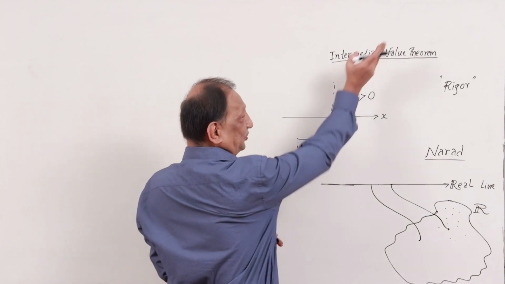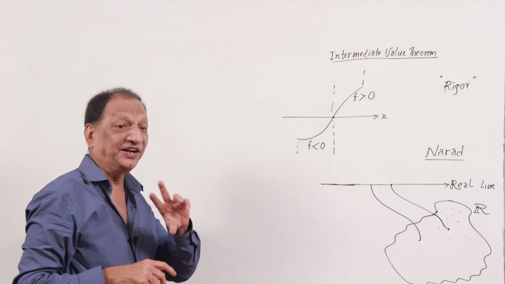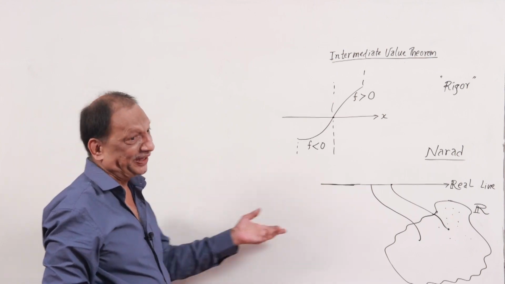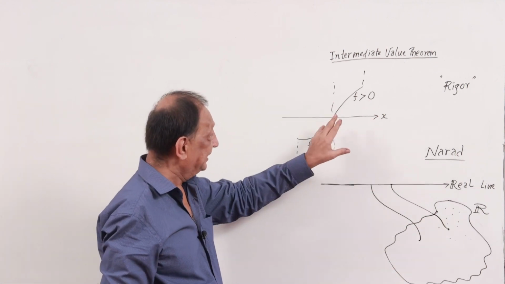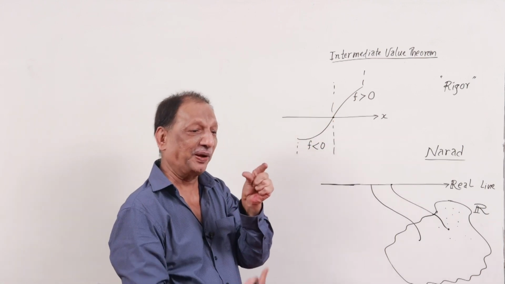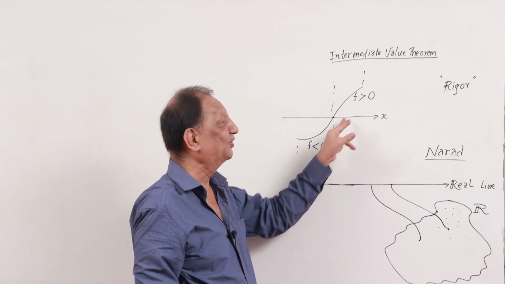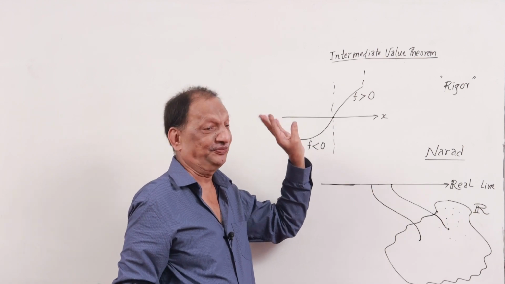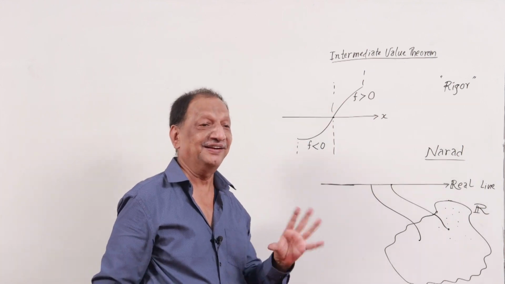Does it pass through a real point on the x-axis? If you assume that is my real line, that's what I have assumed. If you don't assume that, you can't assume. Maybe the real line has got a gap somewhere and it passes through the gap, which means there is no 0 value for f. You understand? So if you say f has to have a value 0 in between, then we have assumed that.